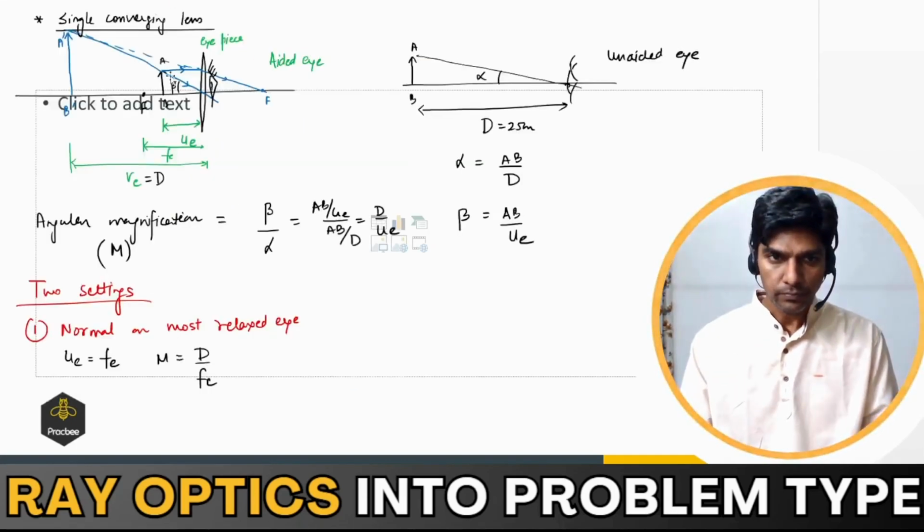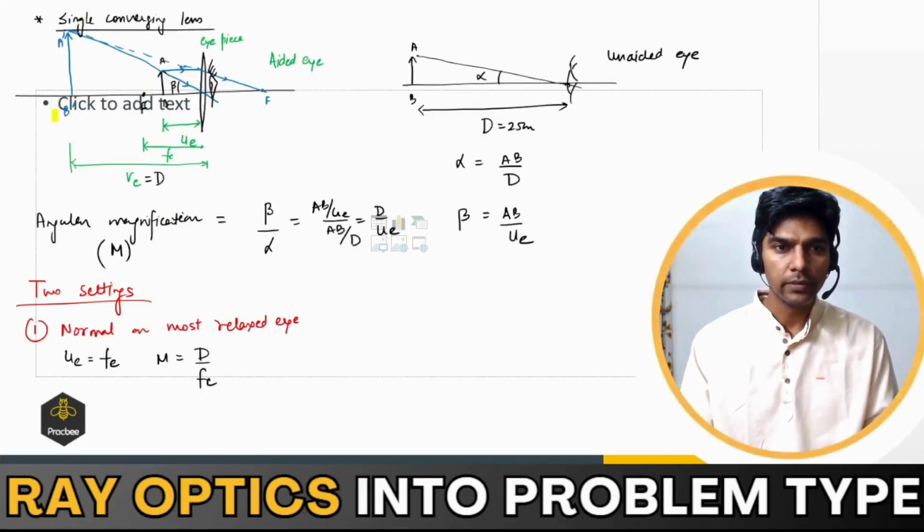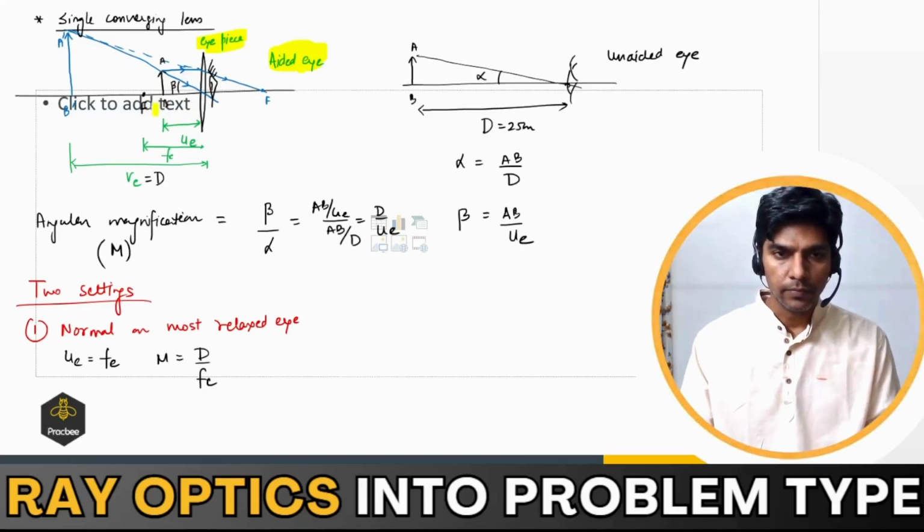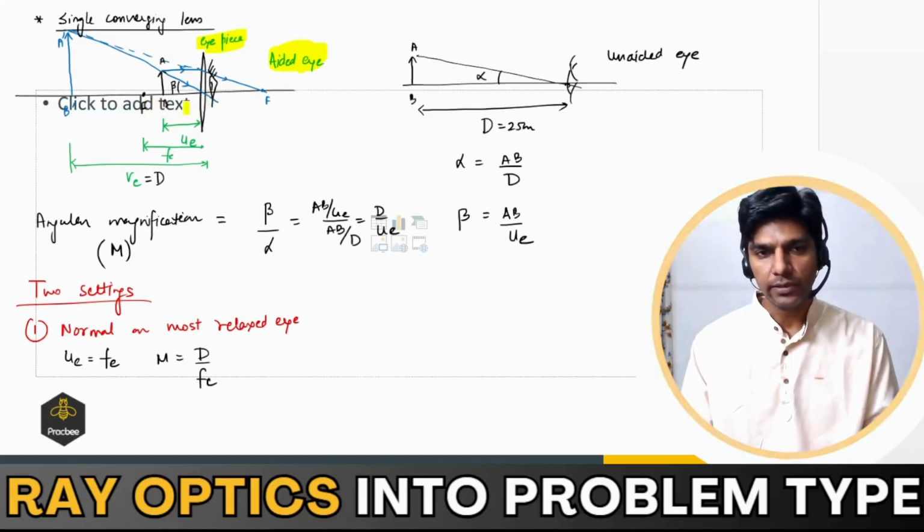Now if you look at the ray diagram, let me first draw the lens here. So this is the eyepiece and this is the aided eye case, where we have placed an object between the focus and the optical center, and we are getting a virtual and erect image of the object.